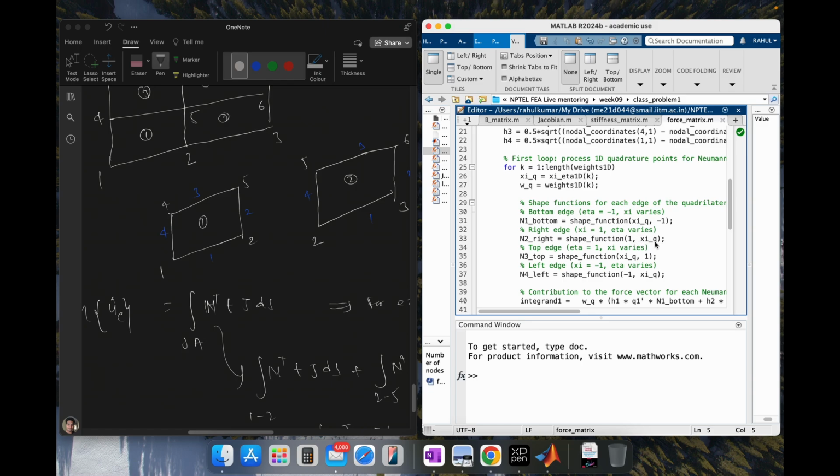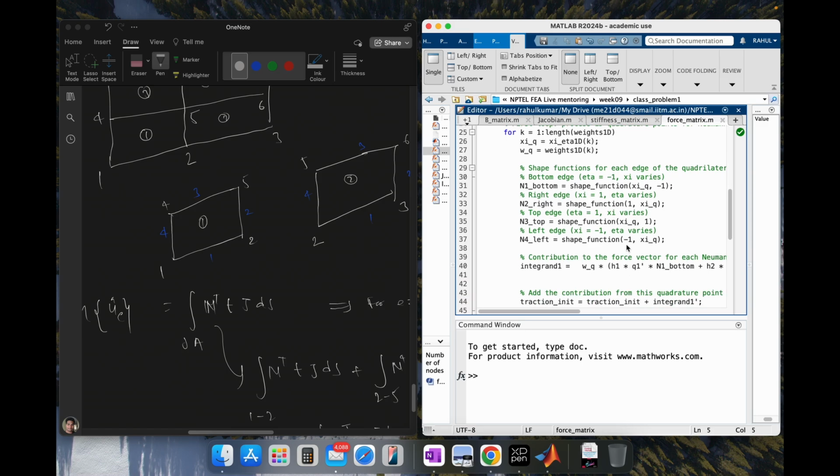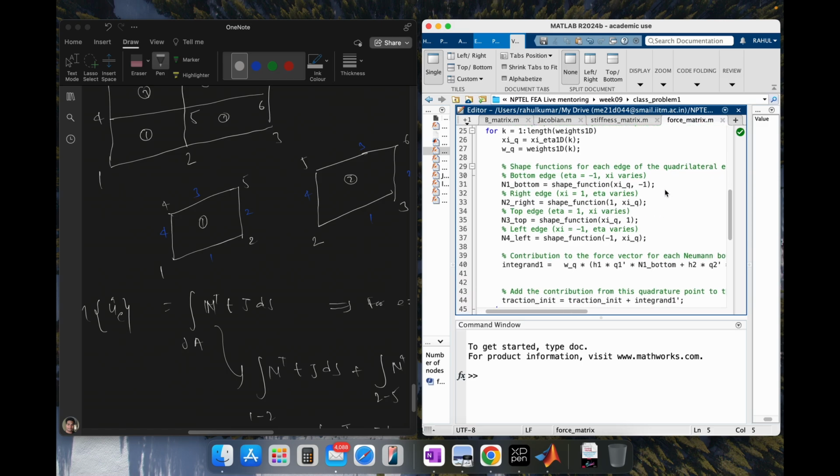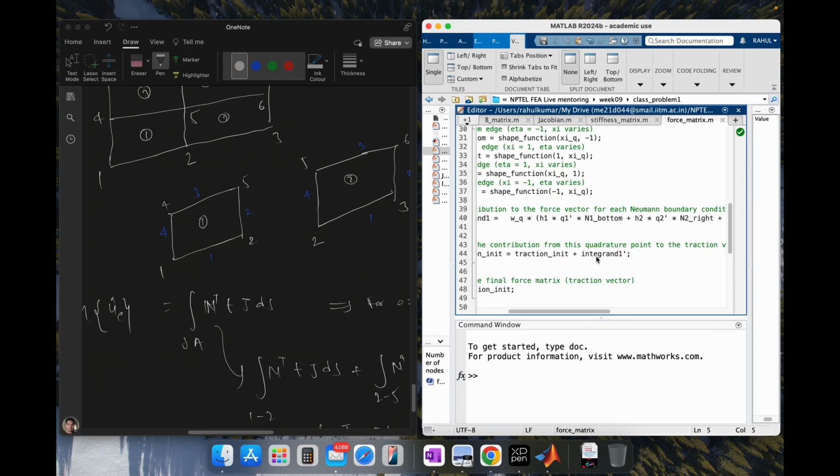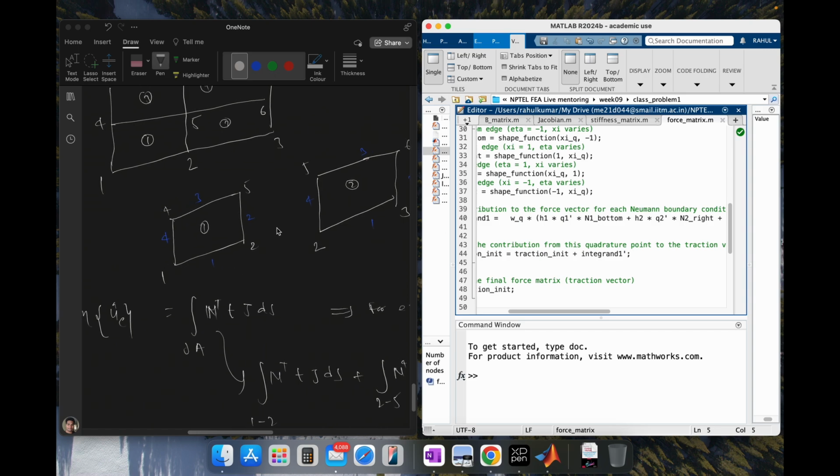Okay, and whatever it is, it will be an eta. And for the top edge, the eta will be 1, and for the left edge, xi will be -1. Then it will be stored in N1 bottom, right, top and left, and then it will be multiplied, which means that this whole thing is a line integral for the particular element.